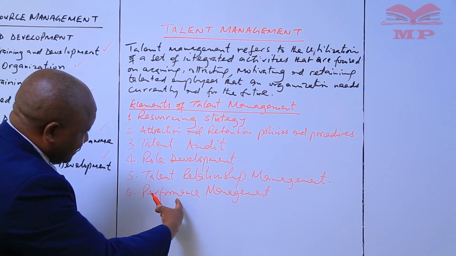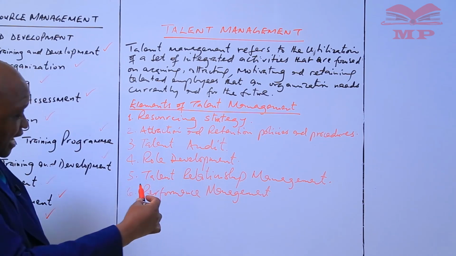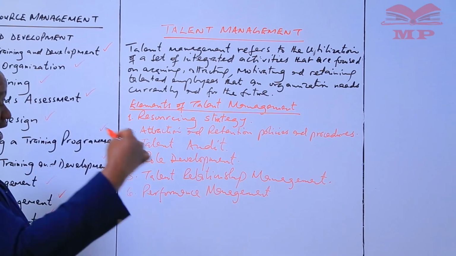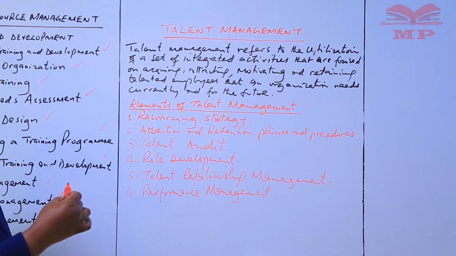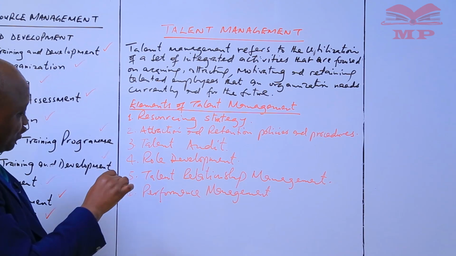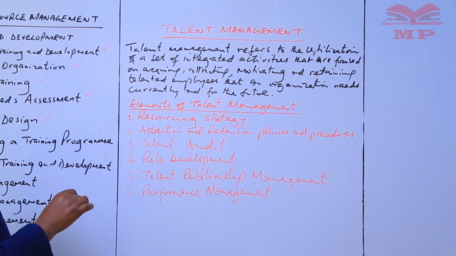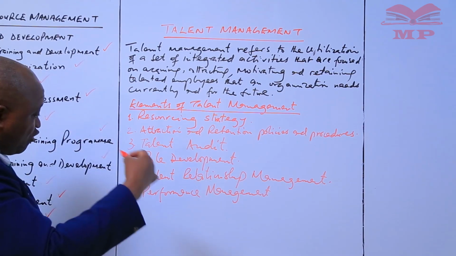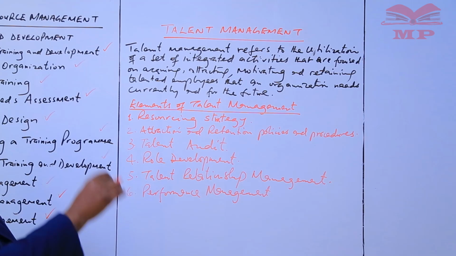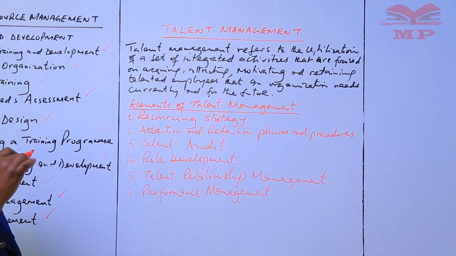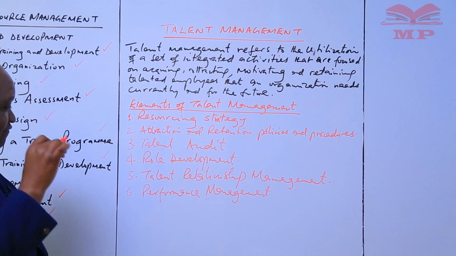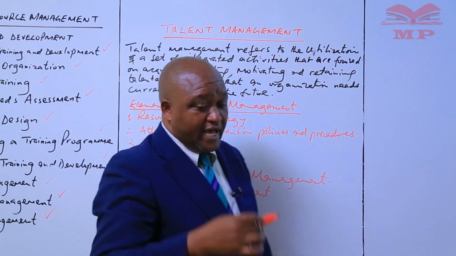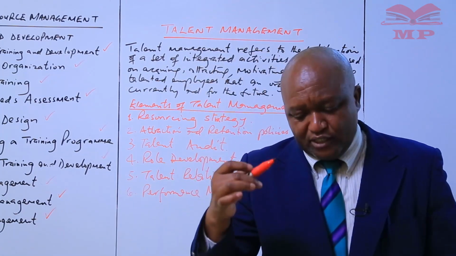The targets set under talent management are supposed to be targets that employees strive for, and the environment of appraising that performance should support talented workers, who can be measured with far-reaching targets. Instead of setting very low targets, talented workers require very high, very involving targets to be managed effectively in terms of their expectations. So performance management is also critical.